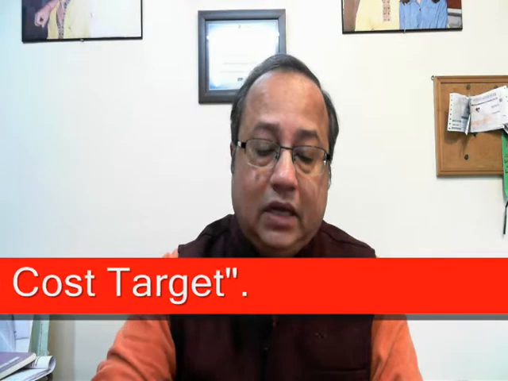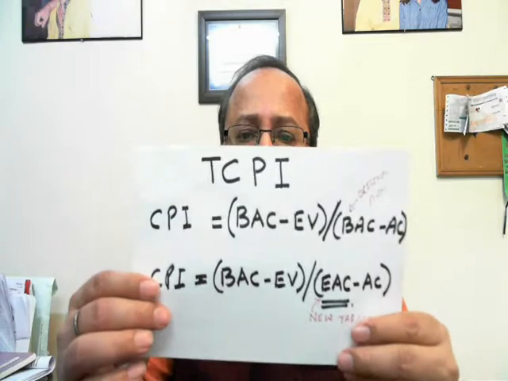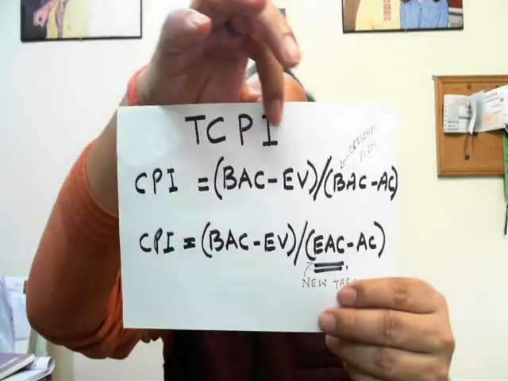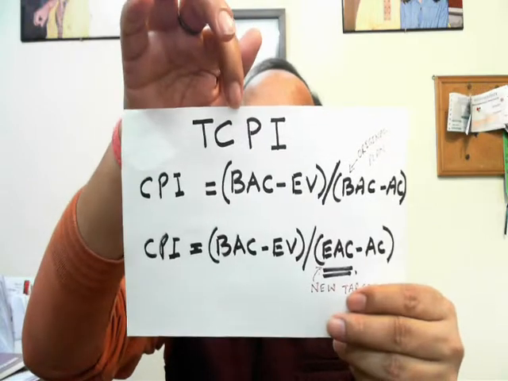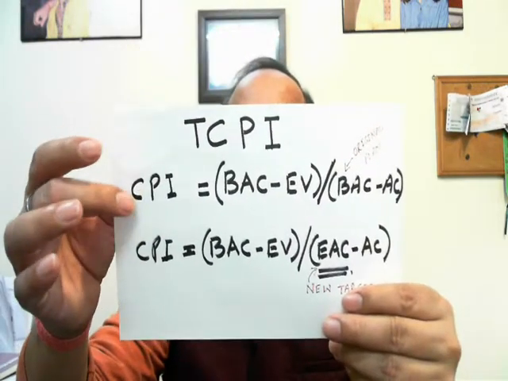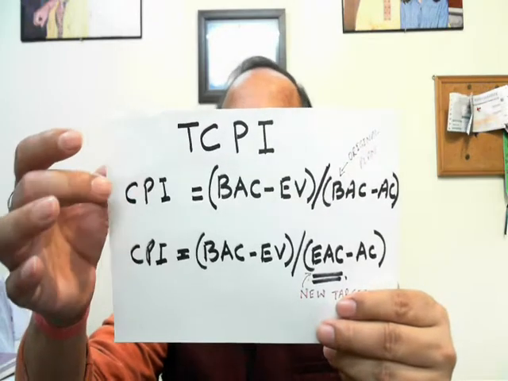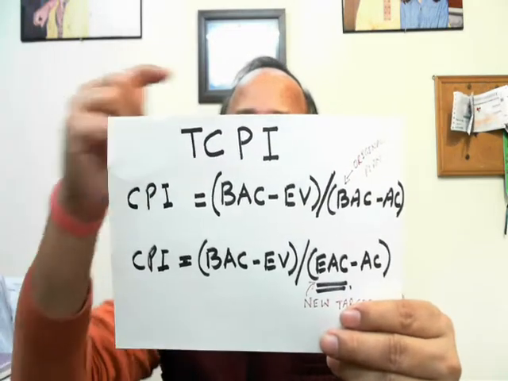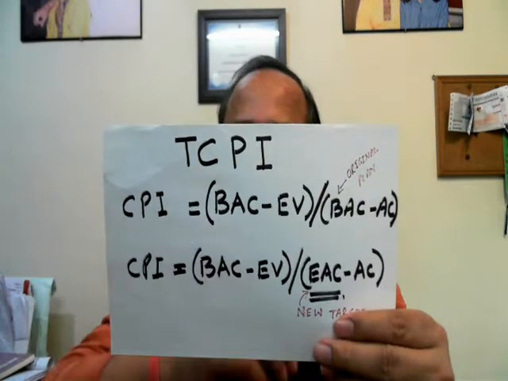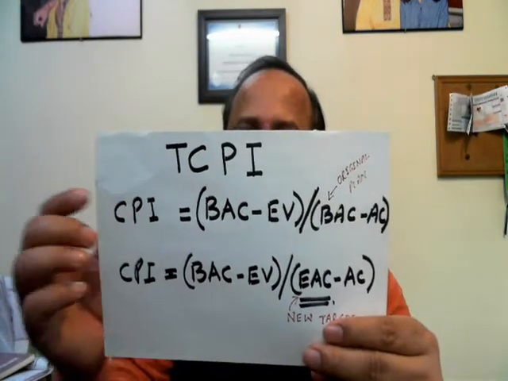Now, let's take care of the formula first. I'm putting up a flimsy board here, and it stands for TCPI, To Complete Performance Index. If you see the CPI here, it's not the same CPI as we did before. Just read it as the required CPI, or you can just put a T before it and it's TCPI. What's the formula?